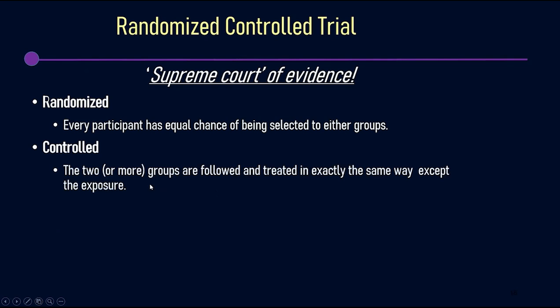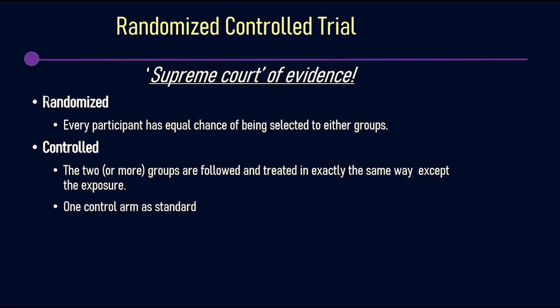Control has two meanings. The first meaning is that two or more groups are followed and treated in exactly the same way except for the exposure. That is to say, they are in a controlled environment. But the more accepted explanation of control is that there is one group of patients who receive the usual treatment and another group gets the novel or experimental treatment.